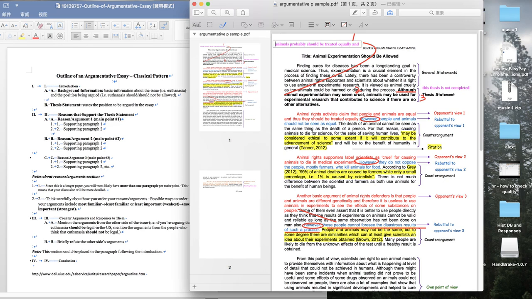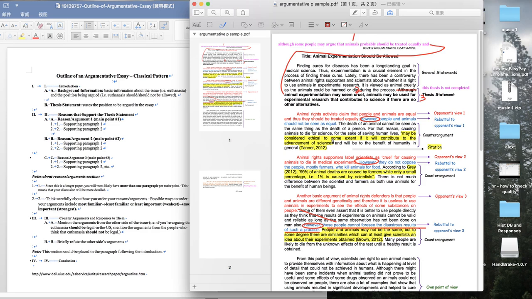Although some people, this should be connected to here. Then we have reason 1 for the first body paragraph.